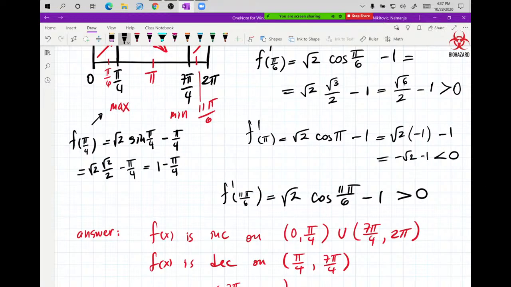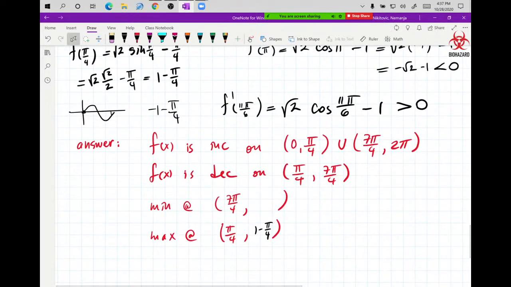Not 11 pi over 6, 7 pi over 4. 7 pi over 4 would give us a negative value, so you would have negative 1 minus pi over 4 for y. And that's it. That's the way you compute the y values for your min and max.